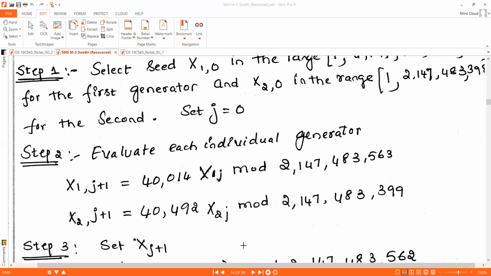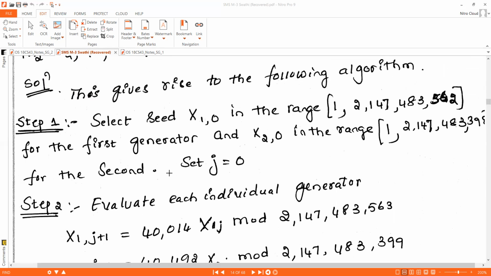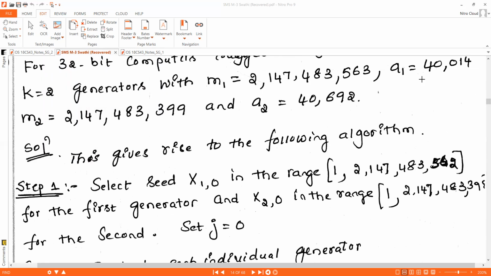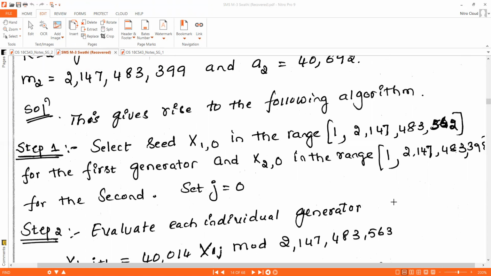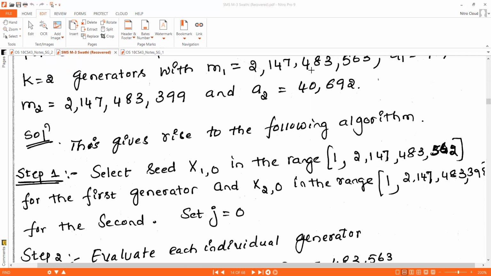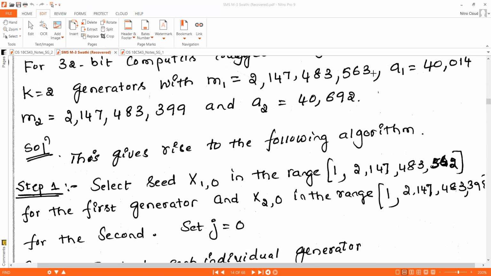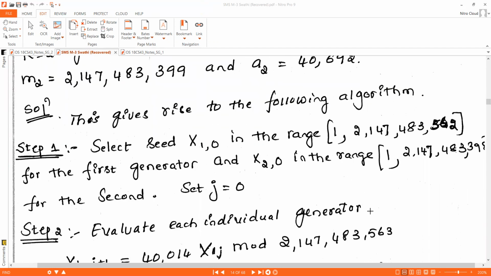We substitute the a1 value and m1 value: x1,j+1 is equal to 40014 into x1,j mod m1, where the m1 value is 2,147,483,563.